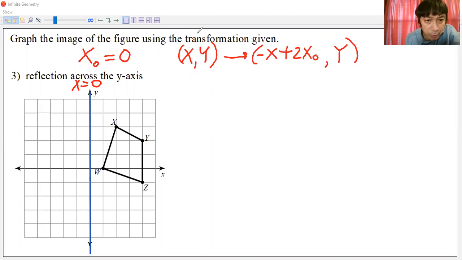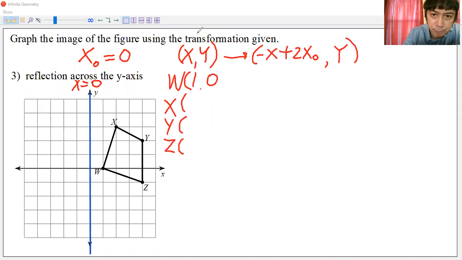All right, we have here W, X, Y, and Z. Let's read the coordinates. W is at, where's this? 1, 0. X is at 2, 3. Y is at 4, 2. Our Z is at 4, -1.